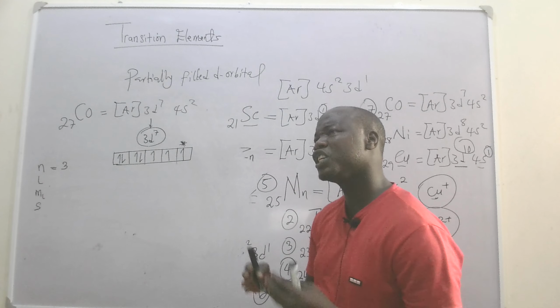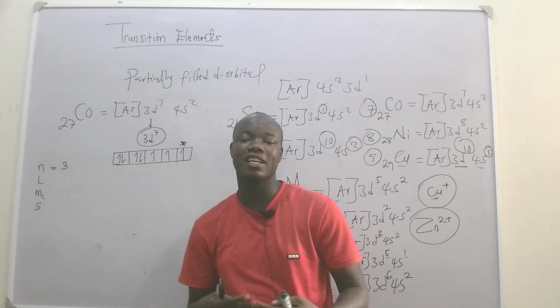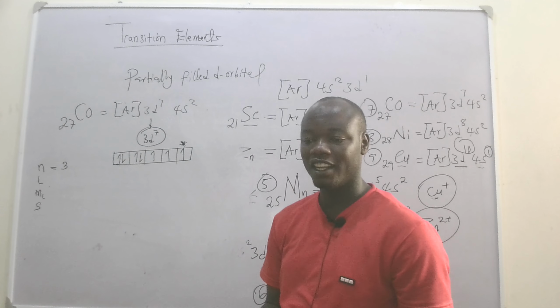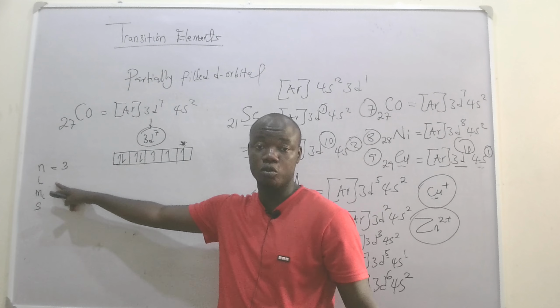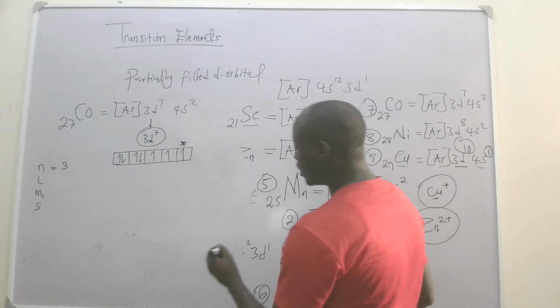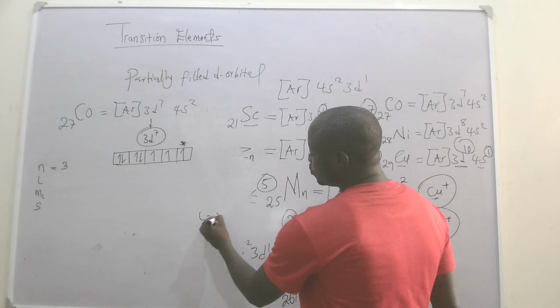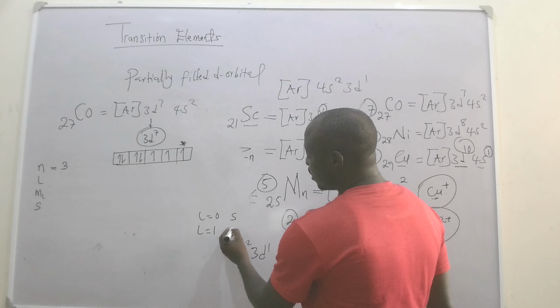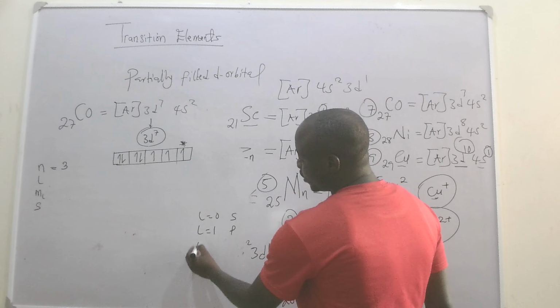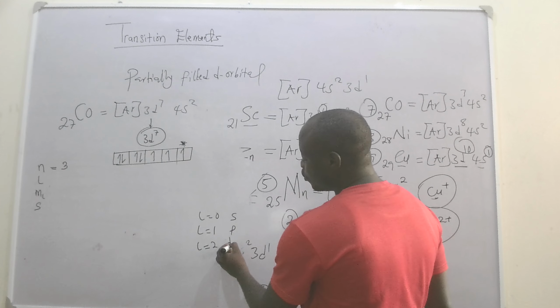Then each and every orbital has its own azimuthal quantum number or subsidiary quantum number, which is L. For example, when L is equal to 0, you have an s orbital. When L is equal to 1, you have a p orbital. When L is equal to 2, you have a d orbital.